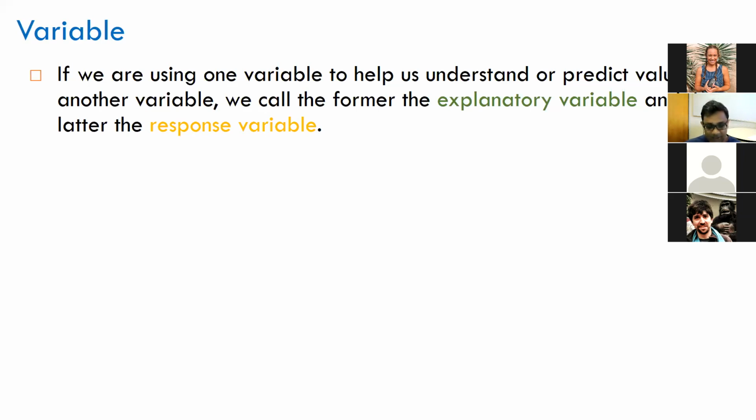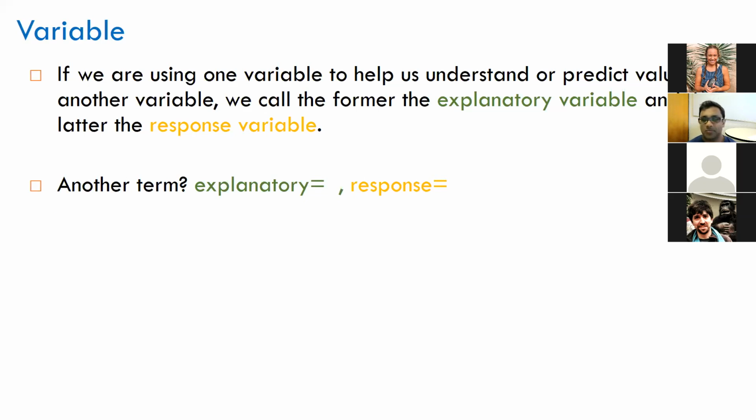The response variable is the variable that, in the term response, means you respond to something. That means the variable that you measure, right? The explanatory variable is the variable that you change. You change a variable, and then based on that, you measure the response variable.